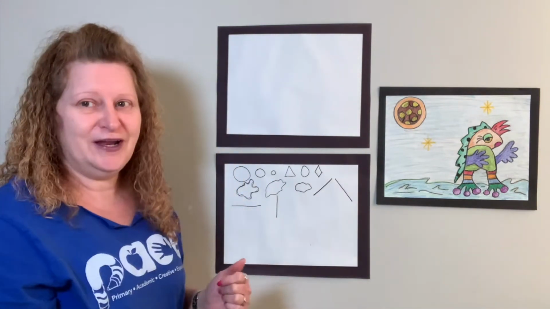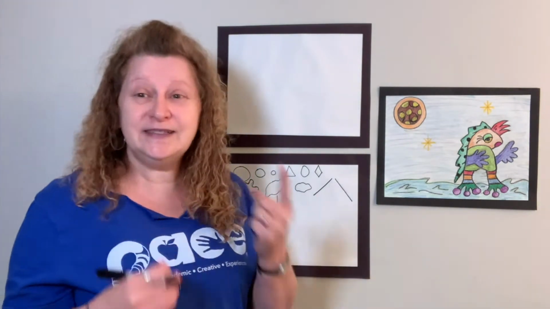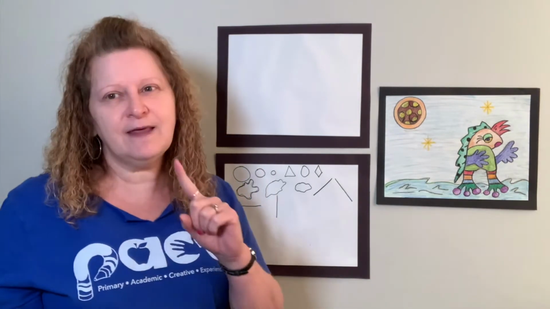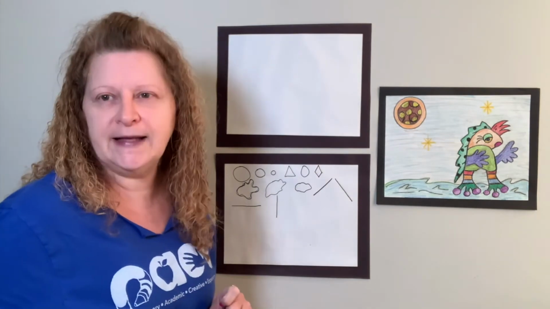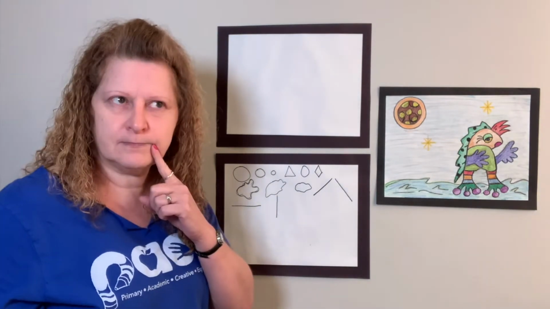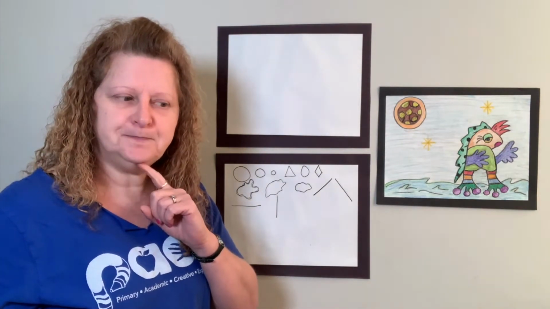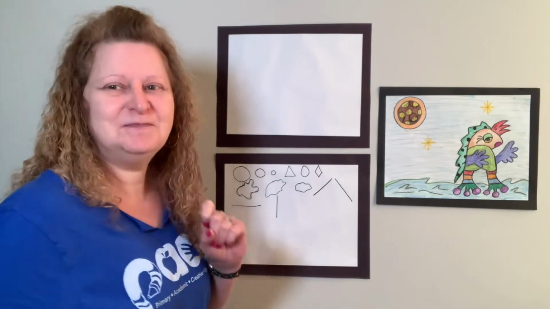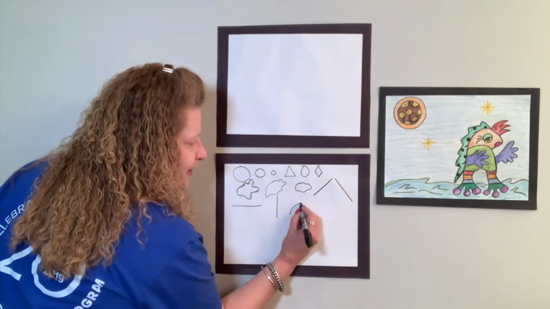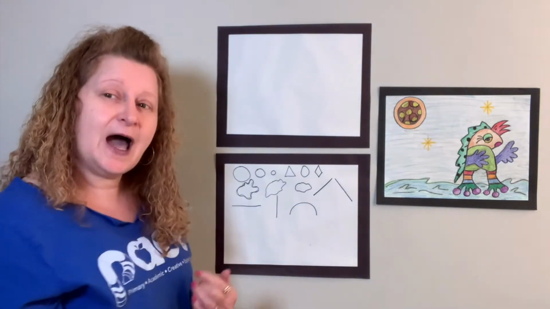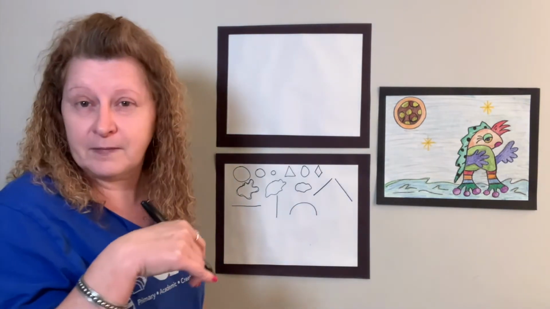All right, I'm ready to get started. So I did say one thing. I said that my character was going to be standing on the what? Do you remember? Let's think about it. The sun. Good job. So to make my sun, I'm going to use my curved line because I want to make it at the bottom of my paper.